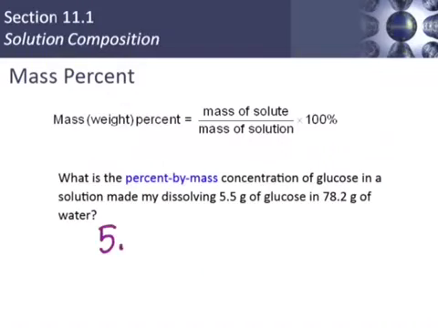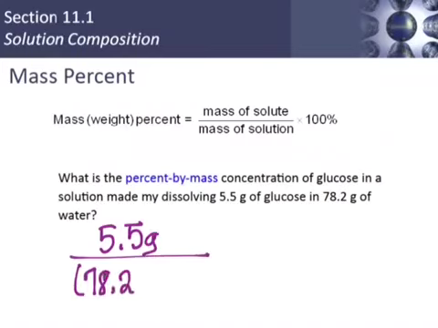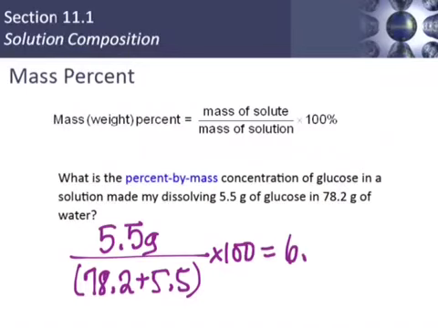So my solute over my solvent plus my solute times 100. 6.57. So 6.6% glucose by mass.